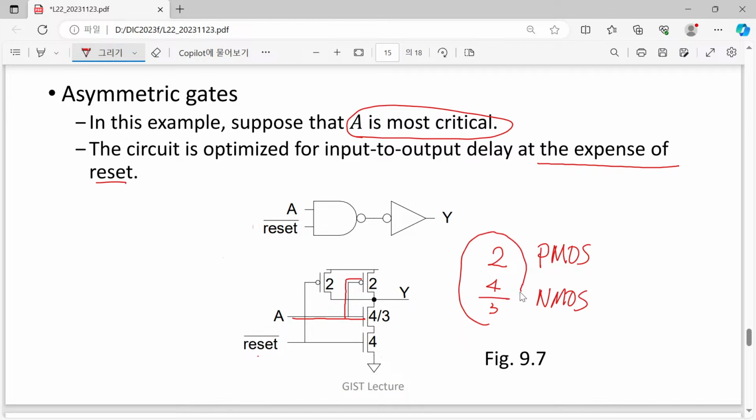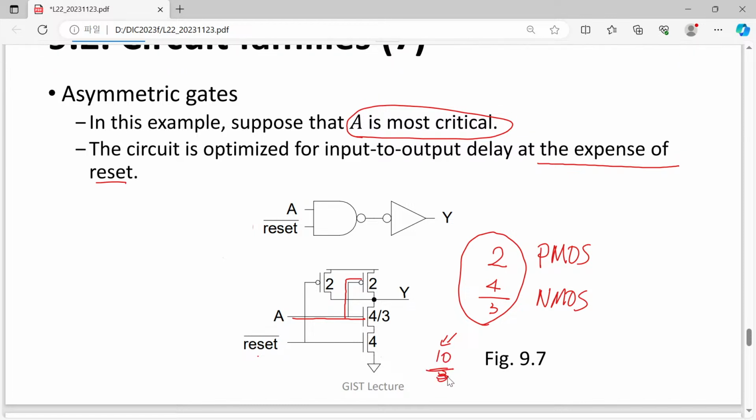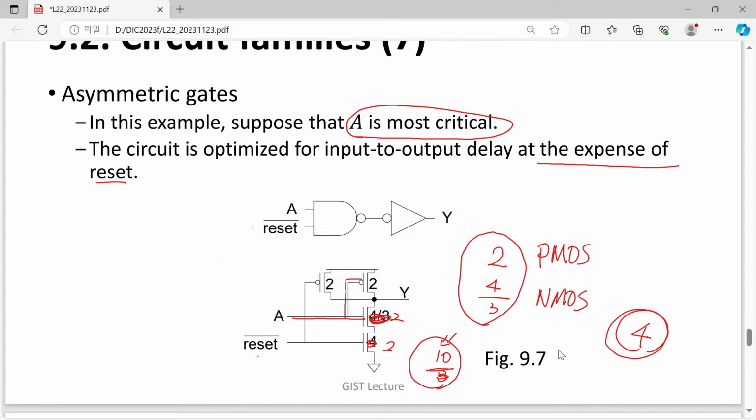By summing them all, you will have 10/3. Okay, so what was the usual value? It was 2, 2, so the input capacitance was just 4. Compared with this 4, you can see that this one has much lower input capacitance. Input capacitance really determines the propagation delay, so it is quite beneficial.